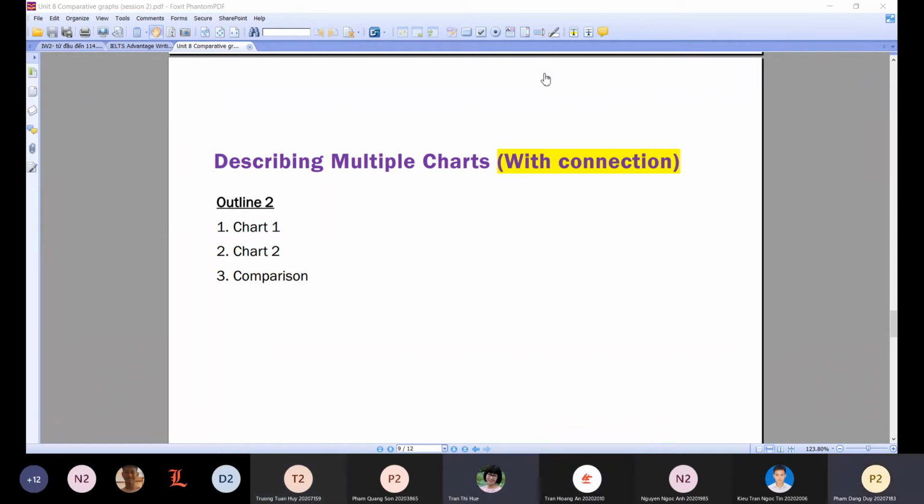But there is no connection between these two charts, right? Một cái là the number of bedrooms in the houses of those people. Một cái là the number of people living alone by age and gender. And you can't find any connection between the two, right? Và với cái đó thì cái organization pattern của nó sẽ là gì?